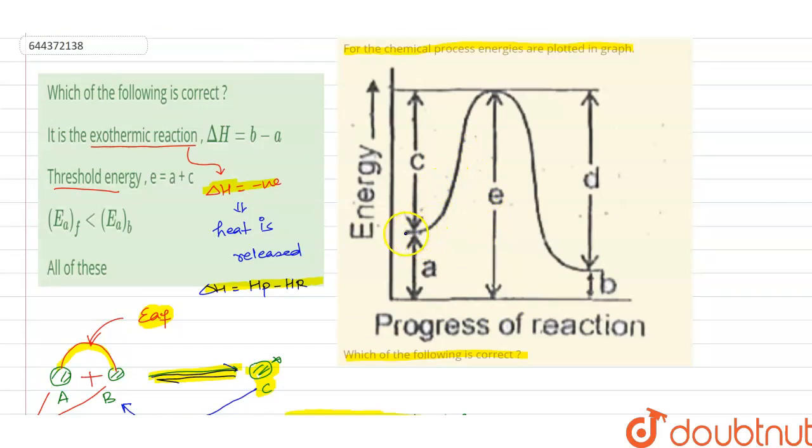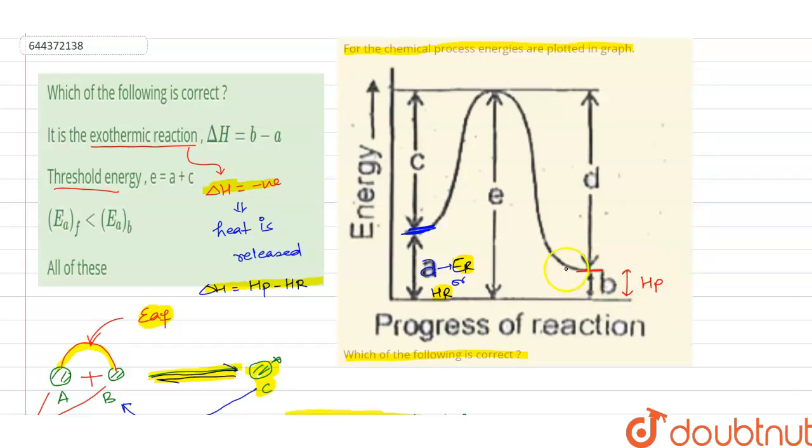In this case, the energy of the reactant is given by A. A is the energy of the reactant, or you can write it as the H of reactant, where E and H represent the same thing, that is the energy. Now this B is actually the energy of the product.